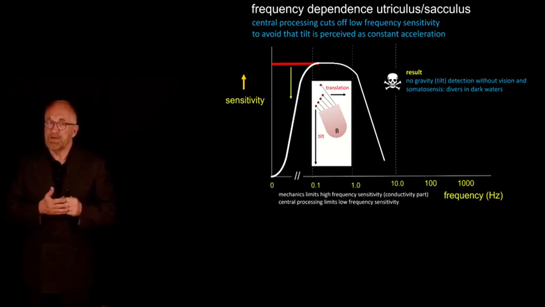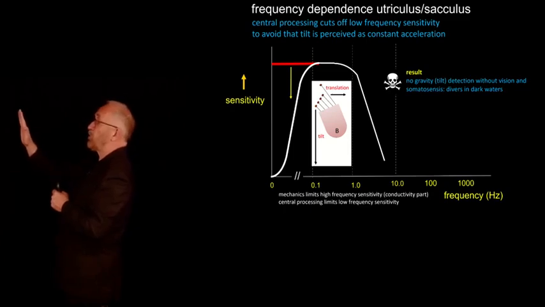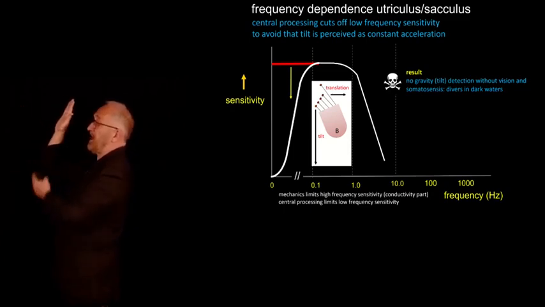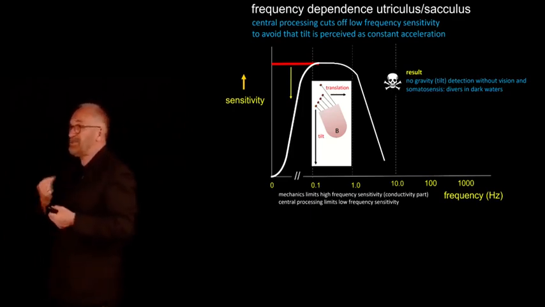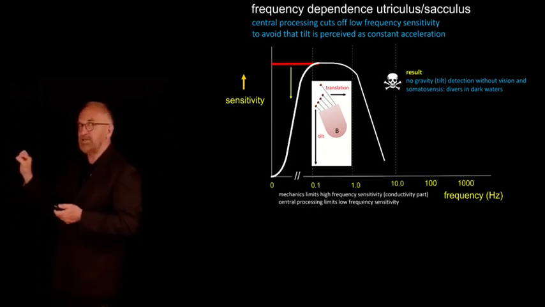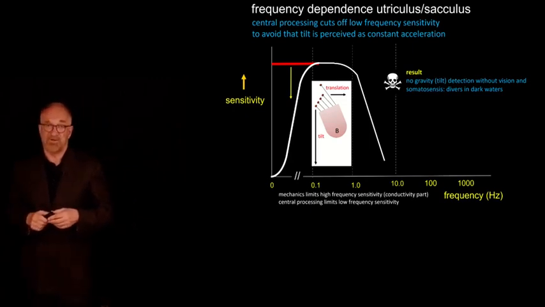The reason for that is, imagine that I accelerate forward, constant acceleration, and the deflection is there, then that is exactly the same as if I tilt my head backwards. So if I tilt my head backwards, it could be that I perceive that as a constant acceleration forwards. That can be pretty anxious and frightening.